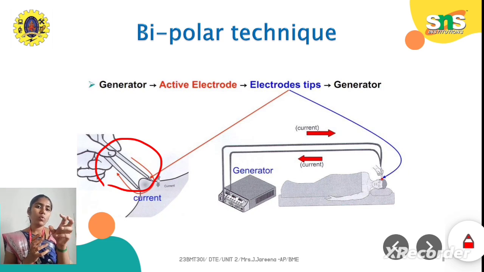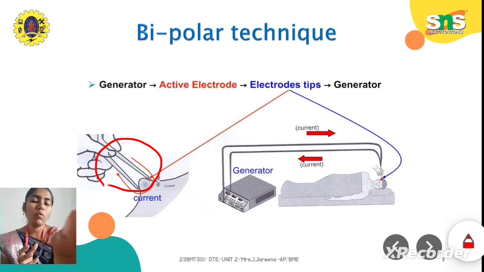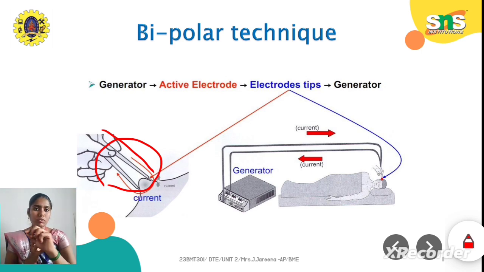In bipolar, the current flows from the generator, interacts with the tissue, and goes back through the other side of the electrode, then returns to the machine. So here the current travels between the electrode tips: from one electrode tip to the tissue, and from the tissue into the other electrode tip. It completes the loop in this way.